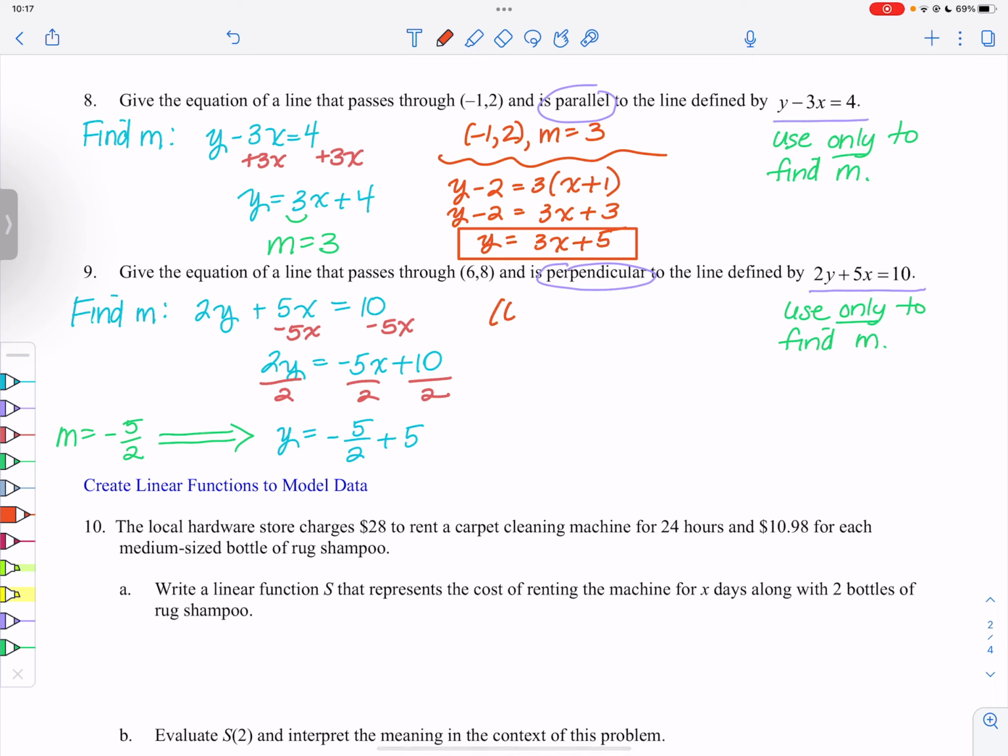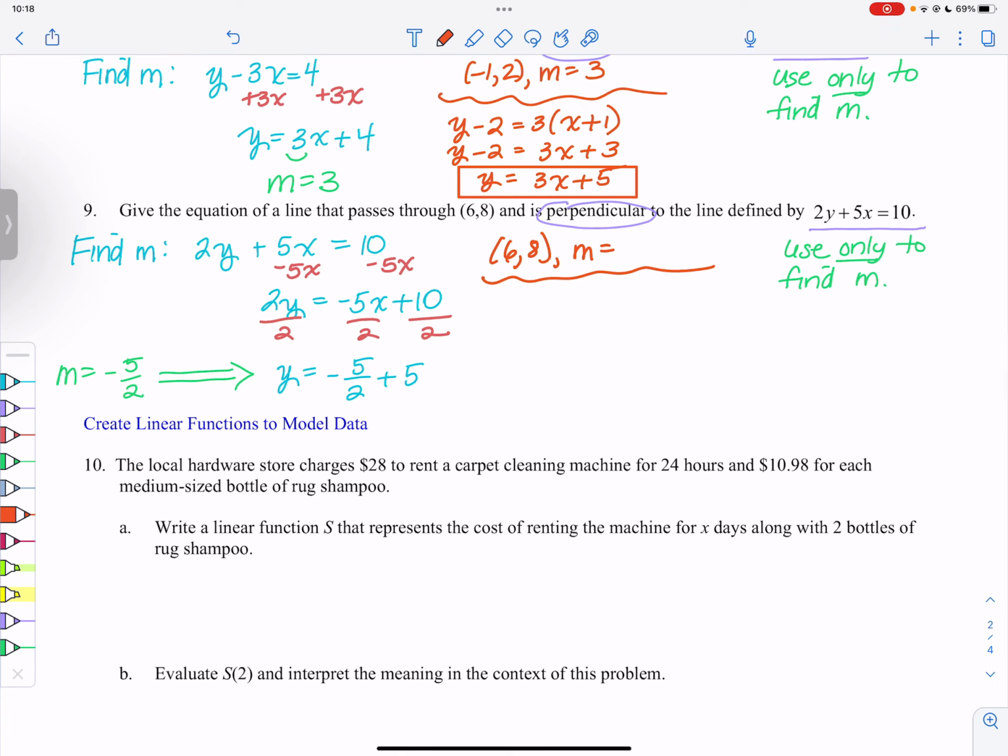Okay, so now we have this point, and now we have this slope. Now, since we're perpendicular, we will use the opposite and reciprocal.